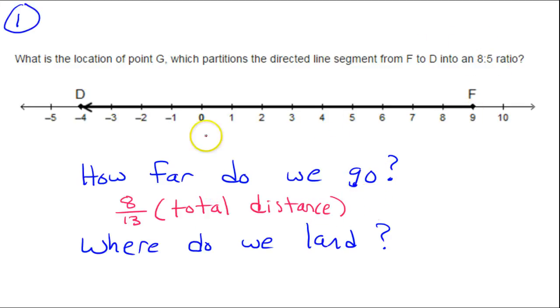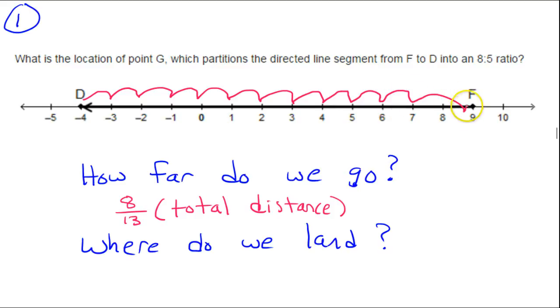Now, in this case, because we're talking about whole numbers, I could just sit here and count to find the total distance. I could go 1, 2, 3, 4, 5, 6, 7, 8, 9, 10, 11, 12, 13. That's a total distance of 13.